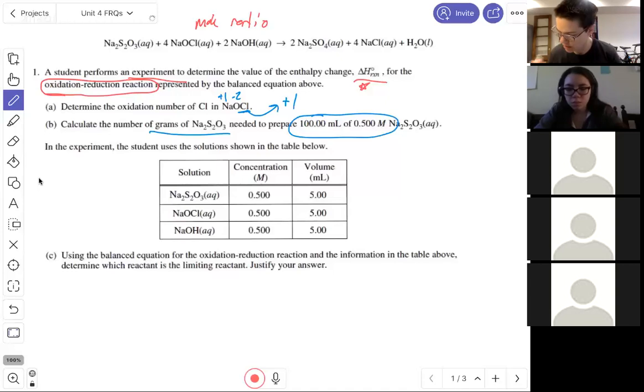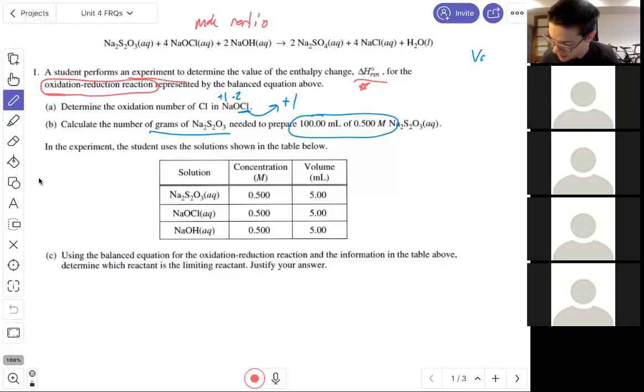The volume of the Na2S2O3. Is that a solution or a gas? Solution. So volume of solution. So we're going to go down to moles and then over to mass.